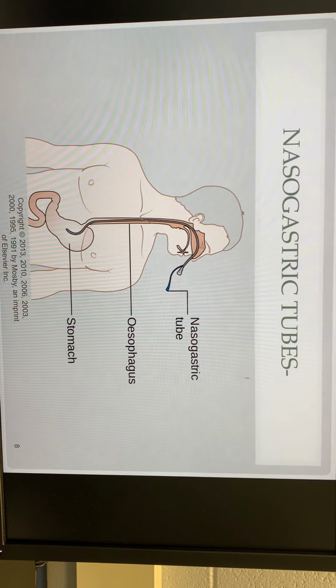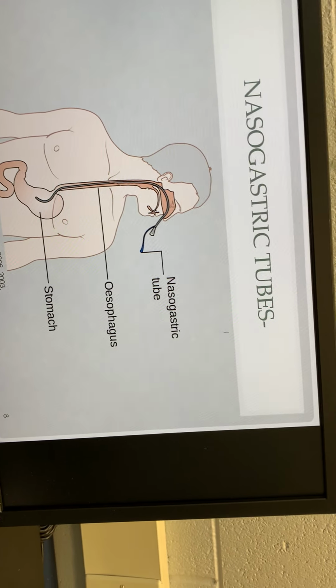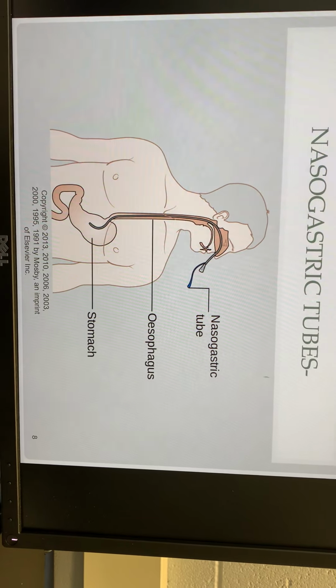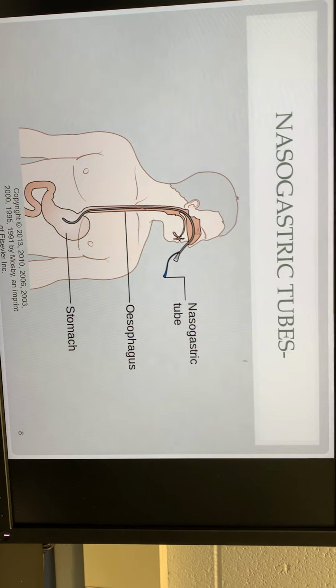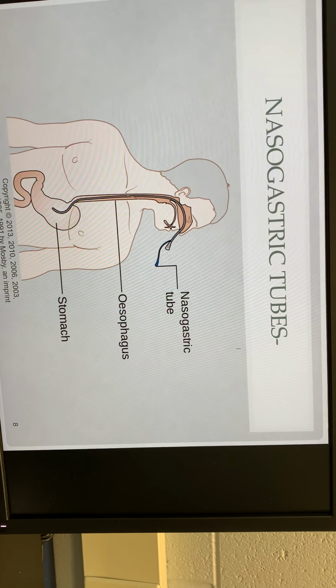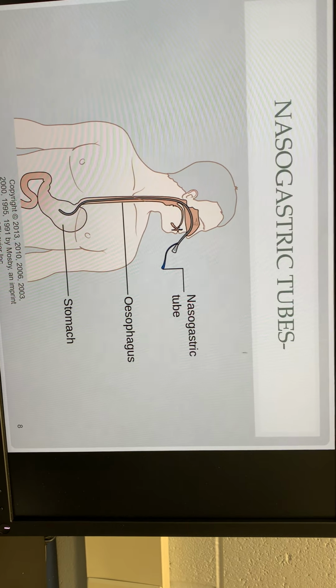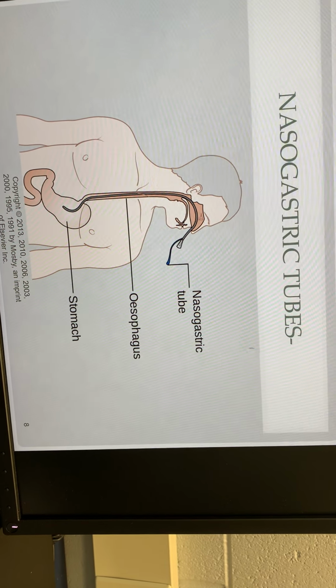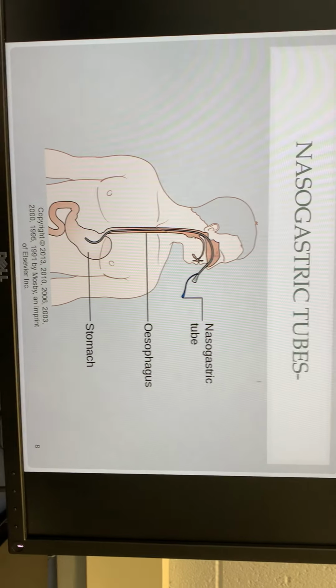Remember the nasopharynx and the oropharynx all meet at the back of what we call our throat, but a tube can go down through the nares and still make it into the esophagus. You don't want to go into the trachea. You want to go in the esophagus, and the end of the tube should go in the stomach.